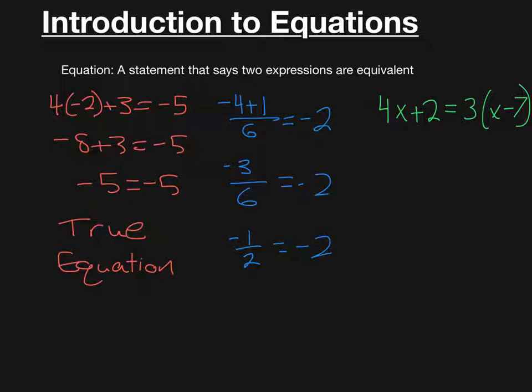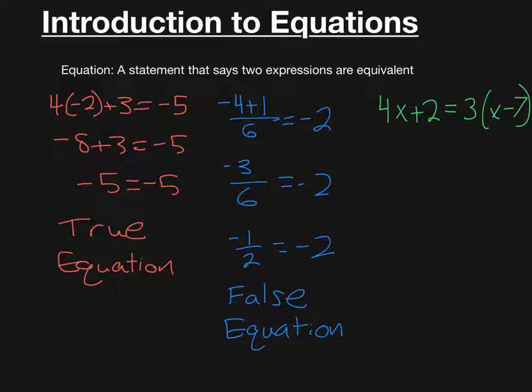There's nothing else we can do on the left side, so this statement isn't true. Negative 1/2 is not the same as negative 2. This is a false equation. We said they were equal, but that turned out not to be true. Statements can be false. That happens.